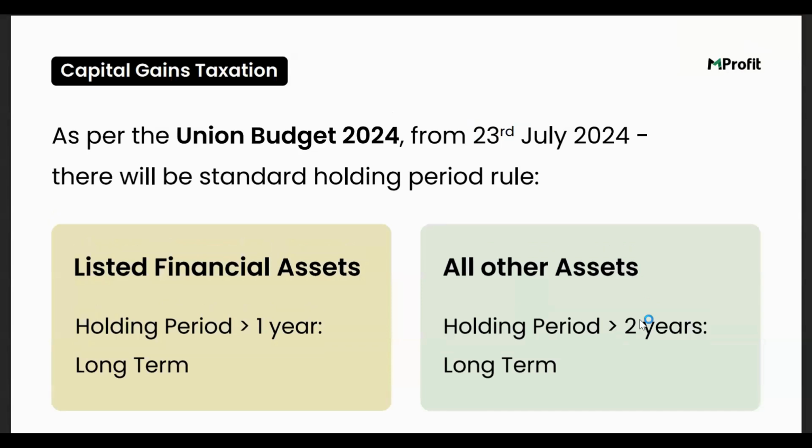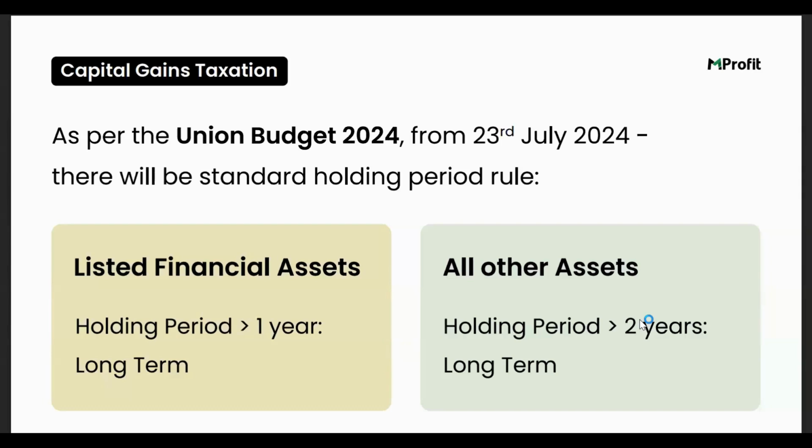As a principal guiding rule that the union budget has come up with, if there is any sale transaction which has happened post 23rd of July, that is on or after 23rd of July, then for any listed financial asset, the holding period will be 1 year.